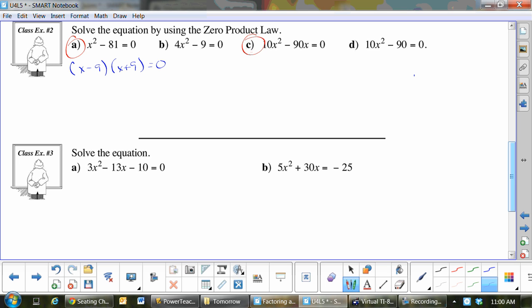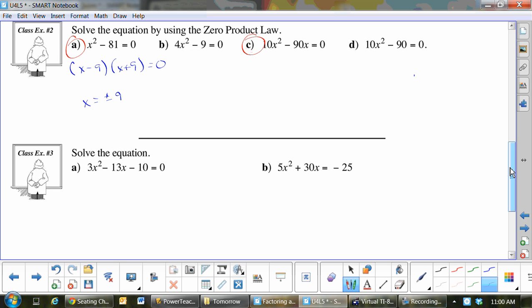So what are the zeros? What are the x's that make this thing equal 0? So plus or minus 9, right? And if you were to graph this, you will see it'll go through negative 9 and positive 9.